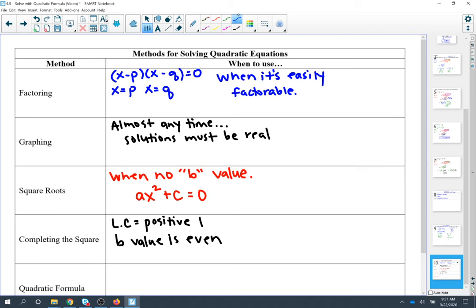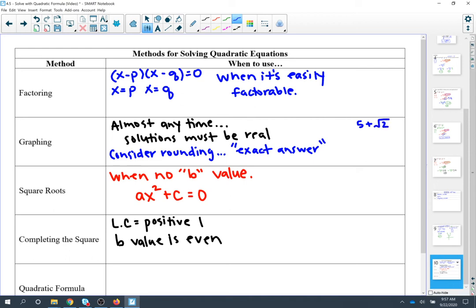The other thing would be to consider rounding. If your teacher asks you for an exact answer, let's say the answer is 5 plus the square root of 2.